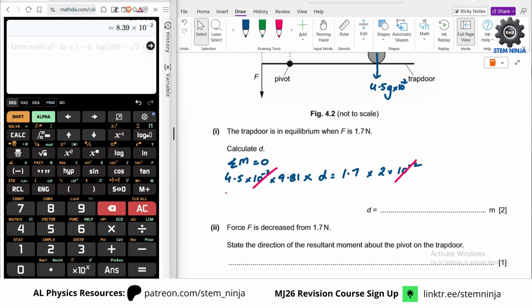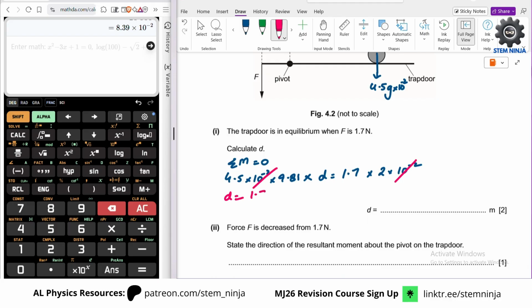So d would be 1.7 times 2 divided by 4.5 times 9.81.